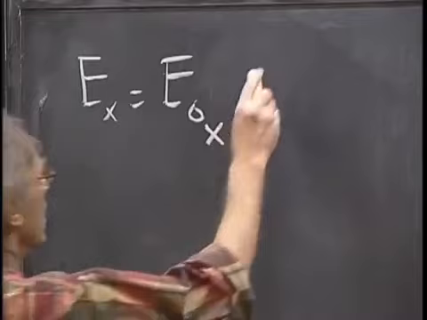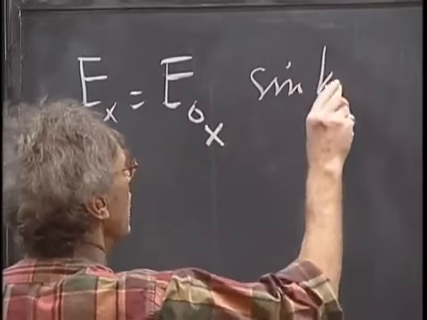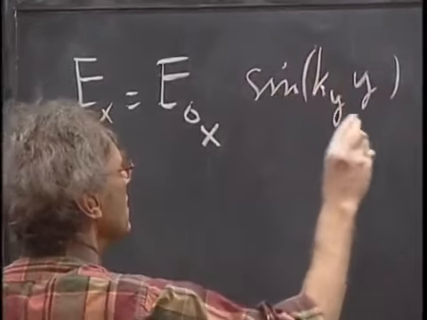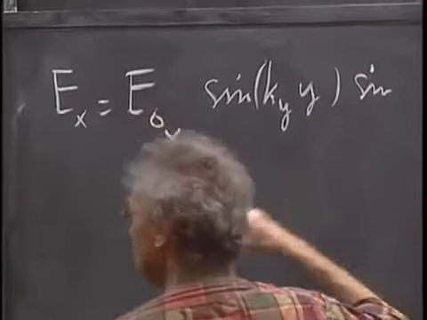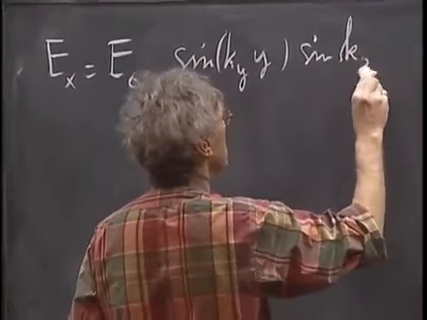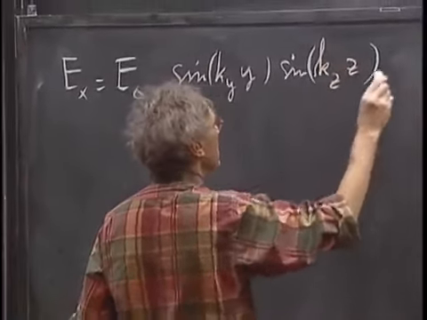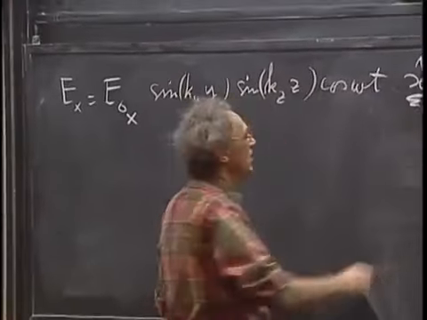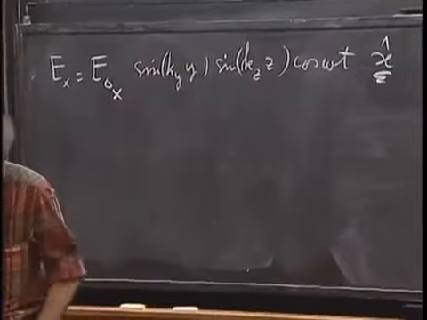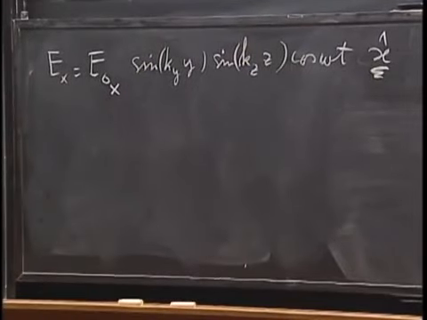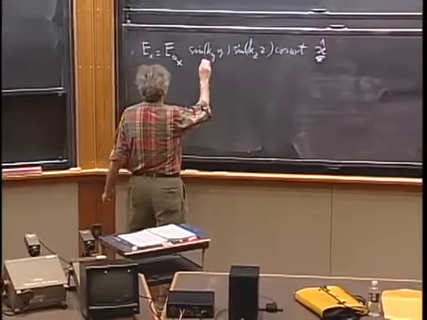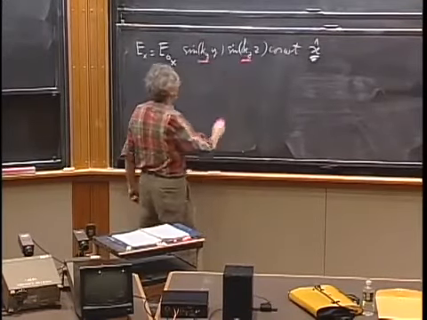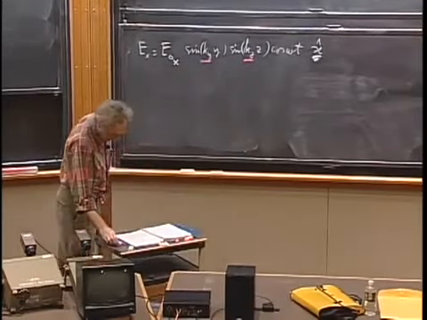This must have a sine of ky times y times the sine of kz times z times cosine omega t. And to remind you that it is in this direction, I put the x there. So what you have now are 2 standing waves. One standing wave in the y direction and one standing wave in the z direction.